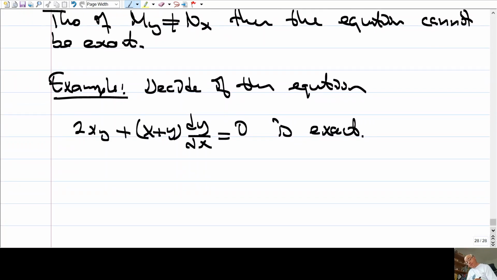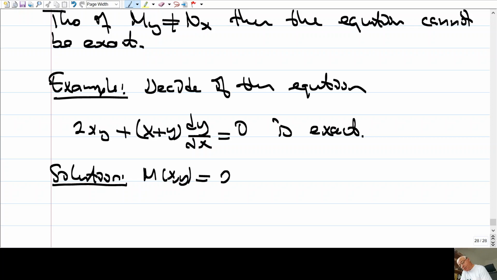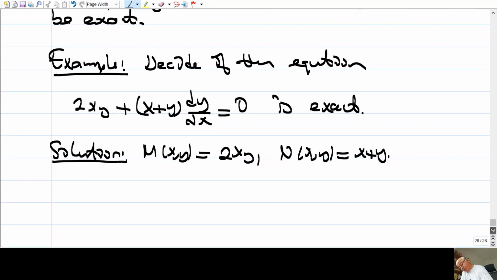Well, okay, what is m? It is just 2xy, and n is just x plus y.